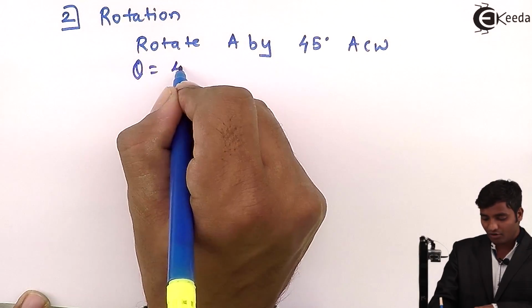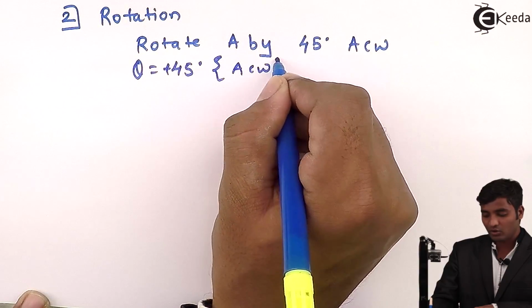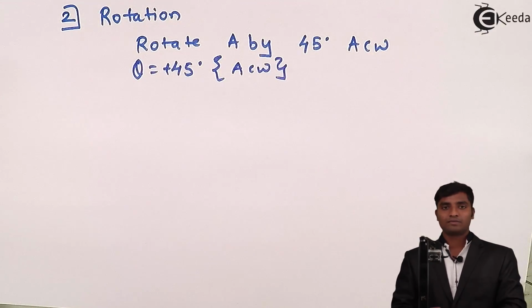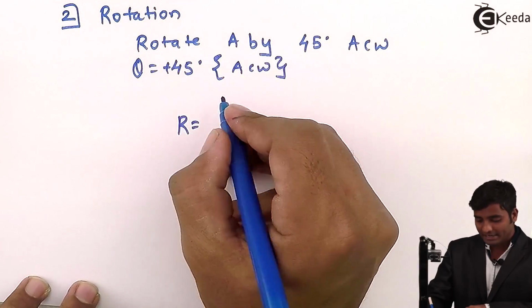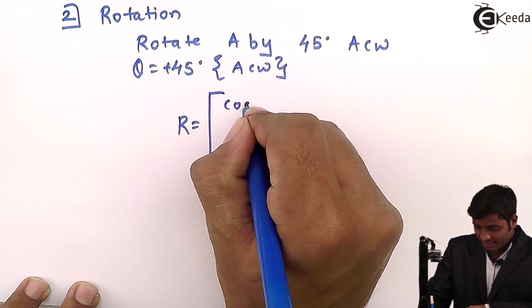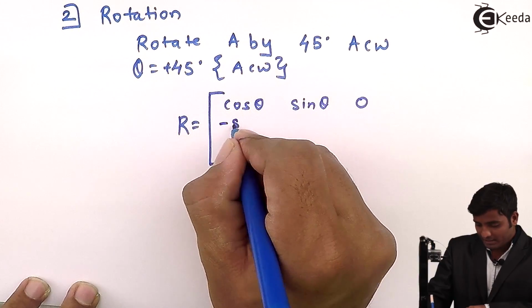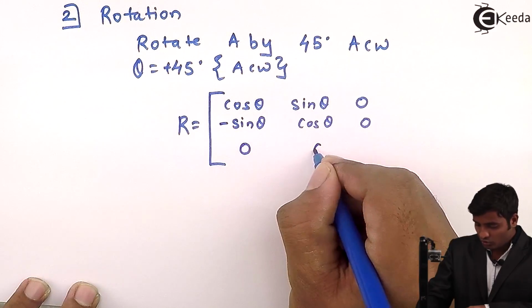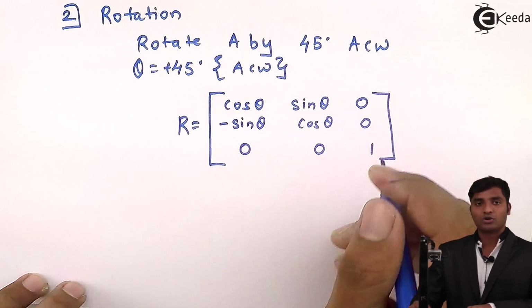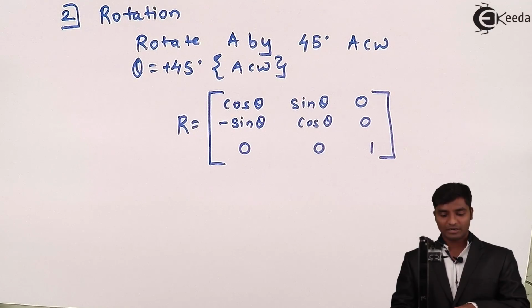So theta is 45 degrees, positive as it is an anti-clockwise rotation. Now I will write down the standard rotation matrix as cos theta, sin theta, 0, minus sin theta, cos theta, 0, 0, 0, 1. So this is the standard matrix for rotation transformation.